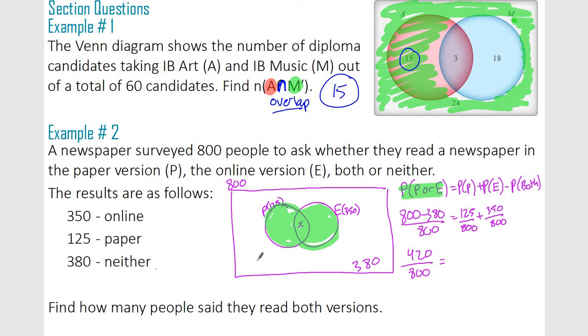And the probability of both, well, we don't know that. That's X. So I add these, I get 475 over 800 minus X over 800. They all have the same denominator, so just go ahead and cancel them out. 420 equals 475 minus X. So X has to be 55.